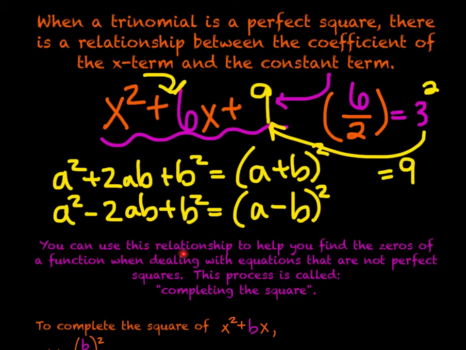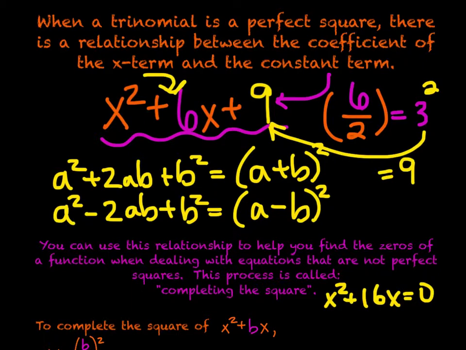So we can use this relationship to help us find the zeros of a function when dealing with equations that are not perfect squares. We can take an equation that is not currently a perfect square, potentially looking like x squared plus 16x equals 0 or 3 or whatever.